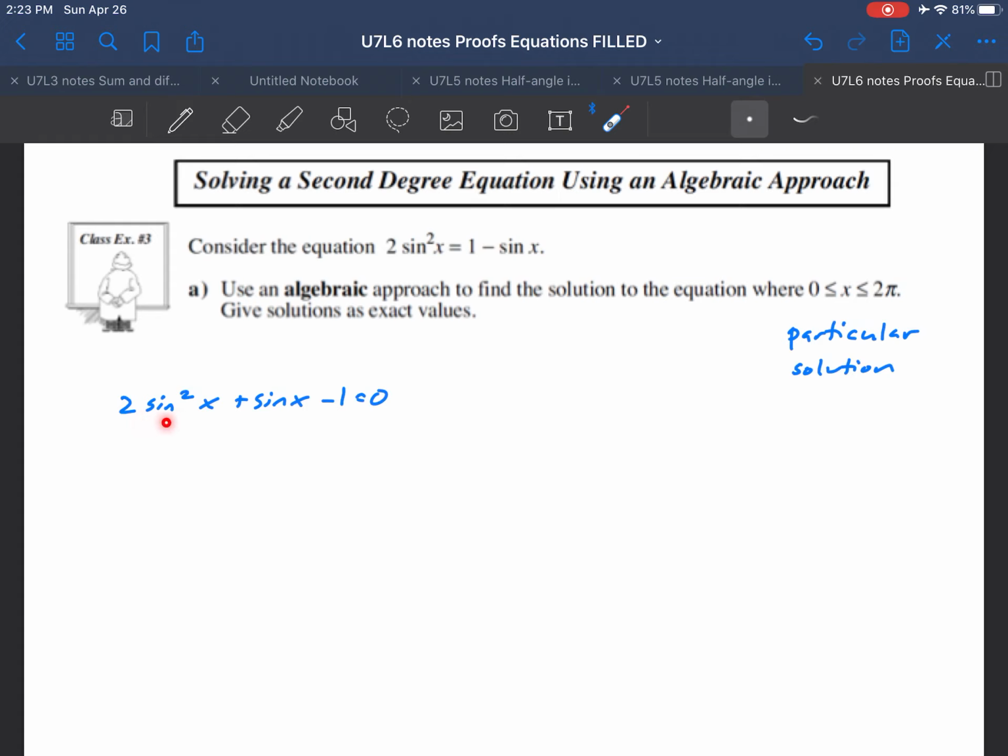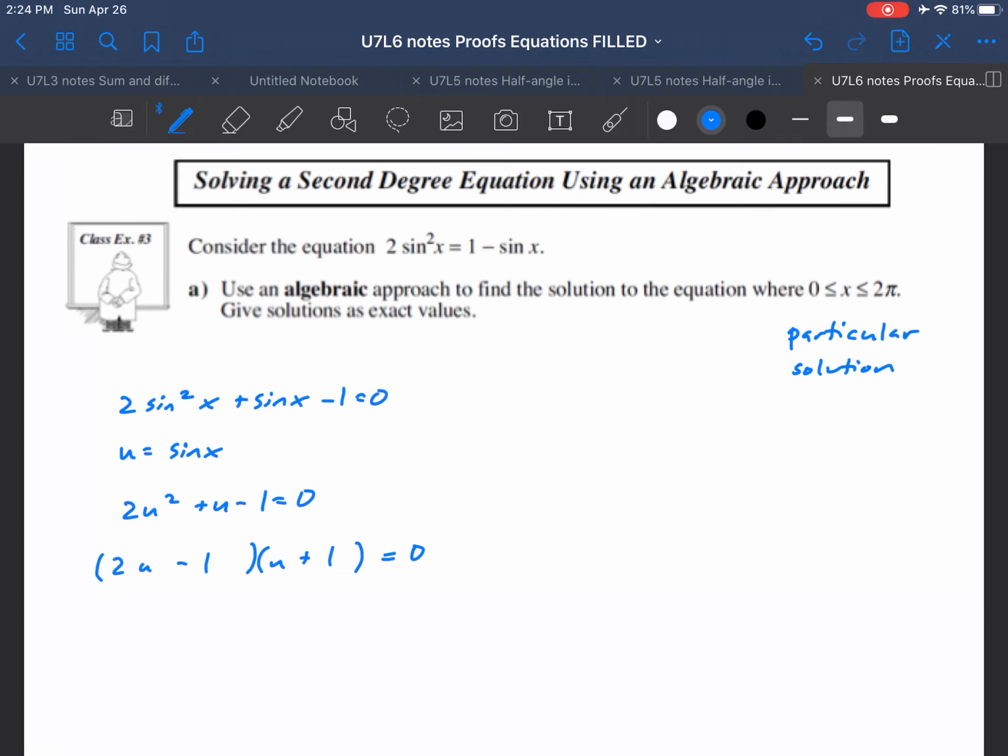You guys should be thinking now, this is a quadratic, right? So I'm going to let u equal sine x, and then our equation turns into 2u squared plus u minus 1 equals 0. I'm not sure, but I think that's going to factor, so I'm going to set it up like that. And yes, it will if we do plus 1 minus 1. There's our factored form.